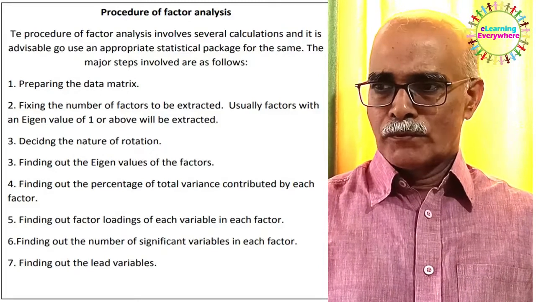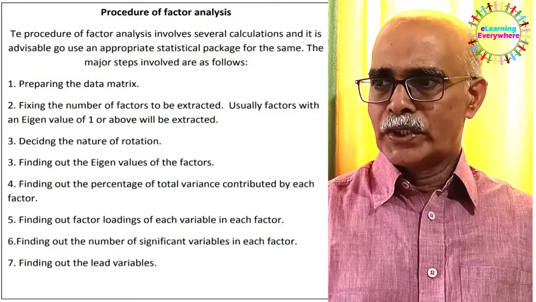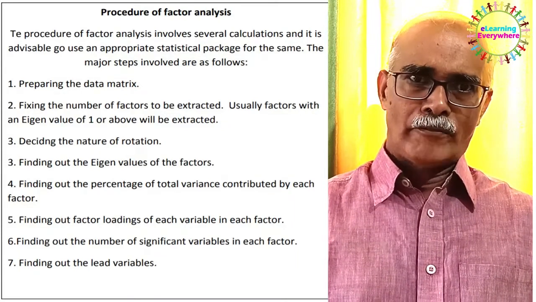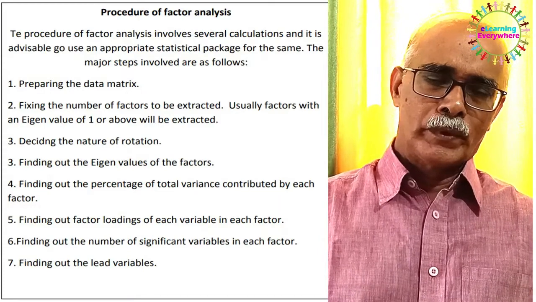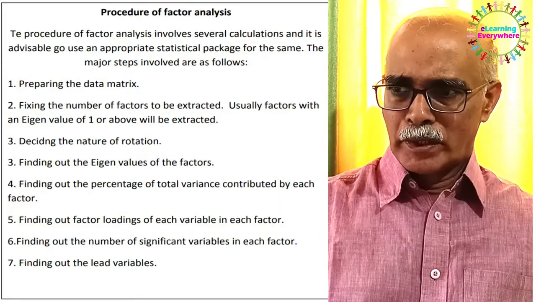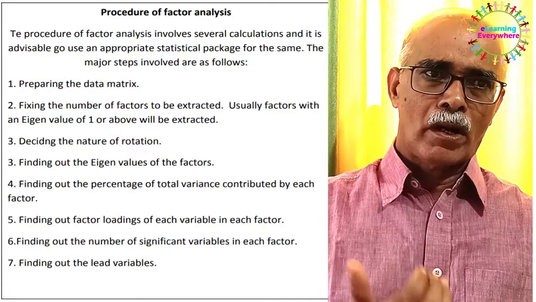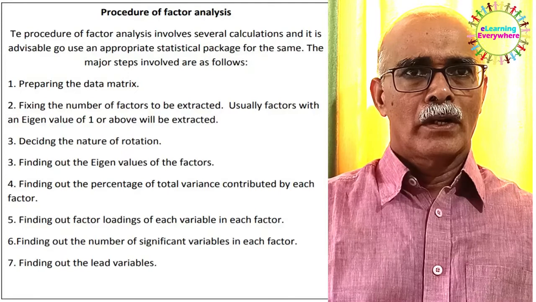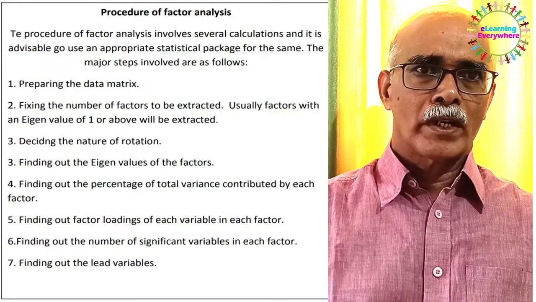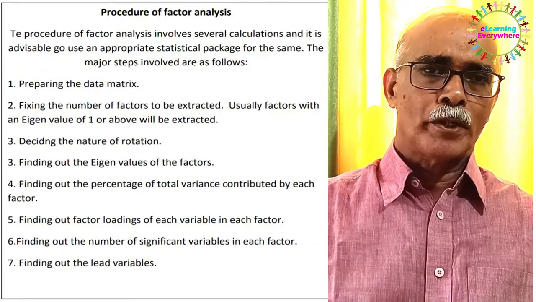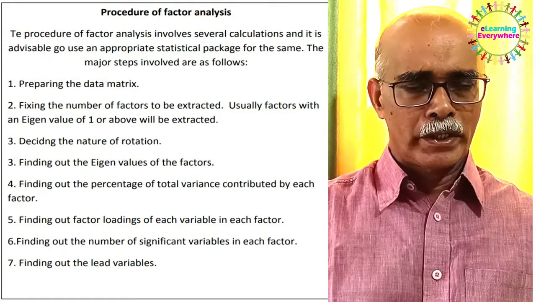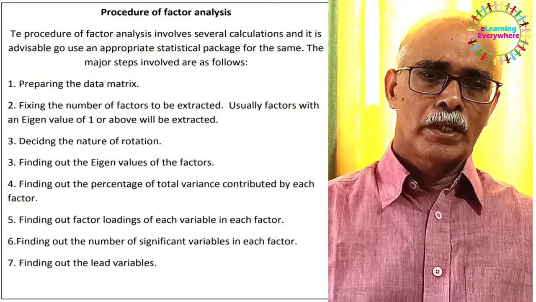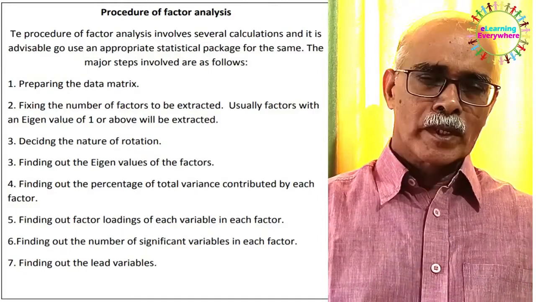The next step is finding out the factor loading of each and every variable in each factor. And factor loading gives you an idea about the extent of correlation, or extent of the strength of correlation of any particular variable in the factor with the other variables in the factor.